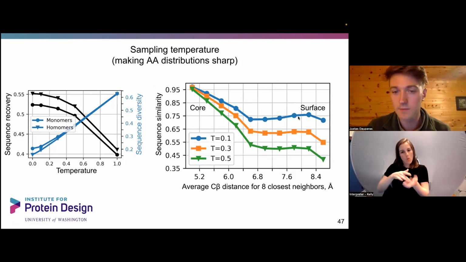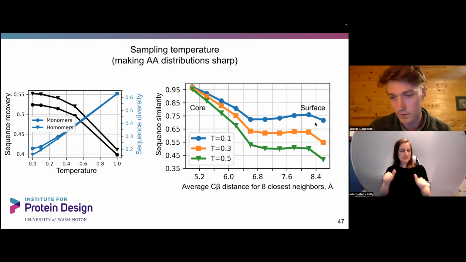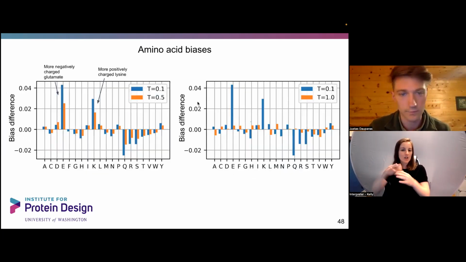The sequence similarity is about 75% for the surface residues at the low temperature, and only about 47% at higher temperature, which means there's lots of uncertainty and the probability distributions are quite wide on the surface. The model is not sure what amino acid should go on the surface, but the core is very well resolved.